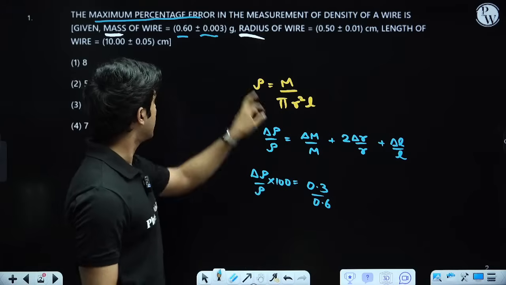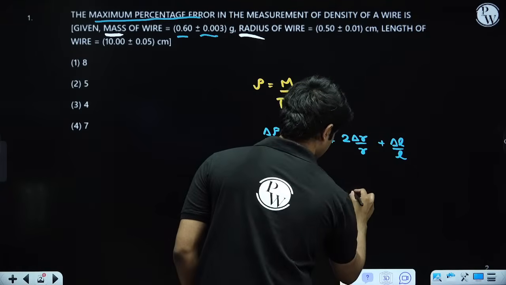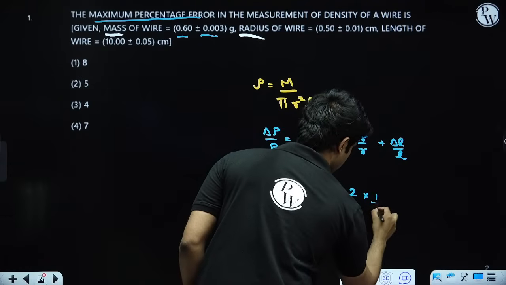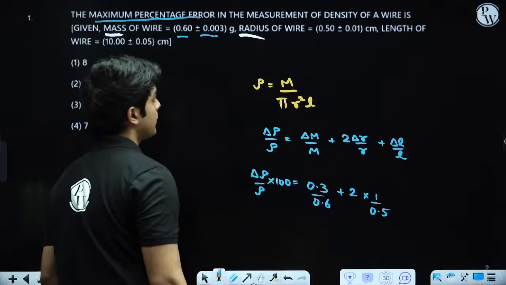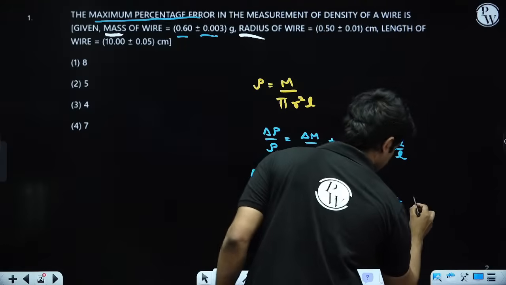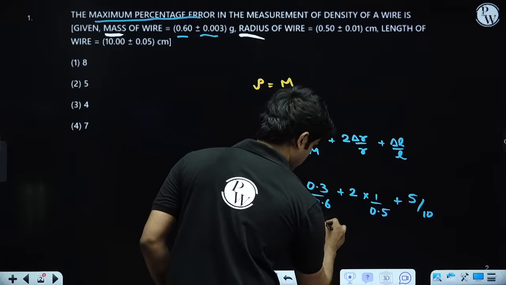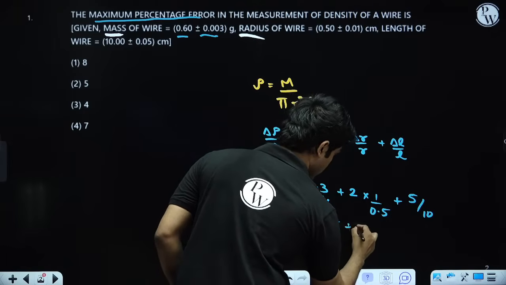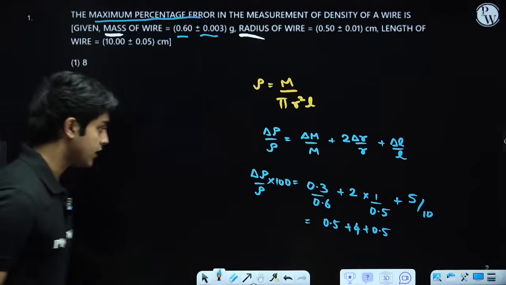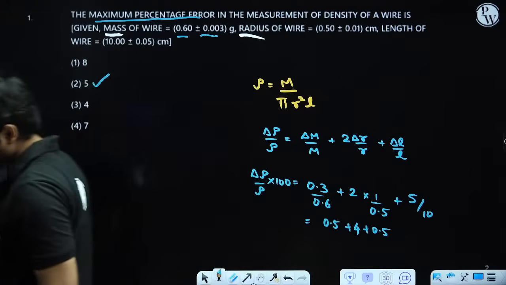I'm multiplying that with 100, so this would become 0.3 divided by 0.6, and for the radius part it will be 1 by 0.5, and for the length part it will be 5 by 10. So this is half, so 0.5 from here, this will give us 4, and this will give us half once again. So the answer should be 5%.